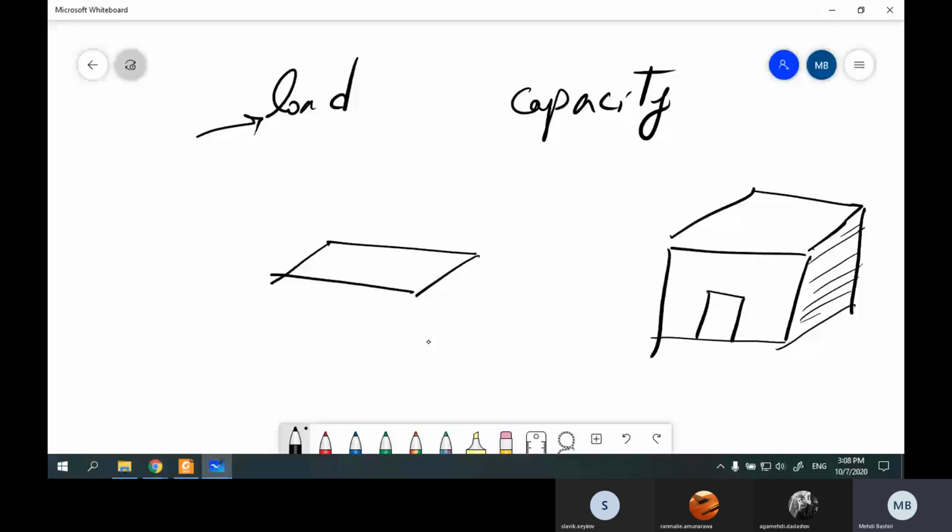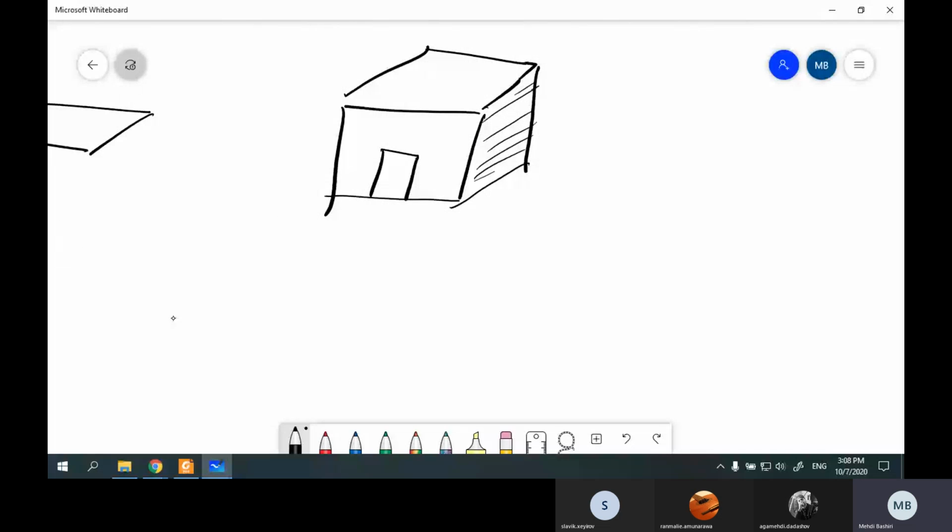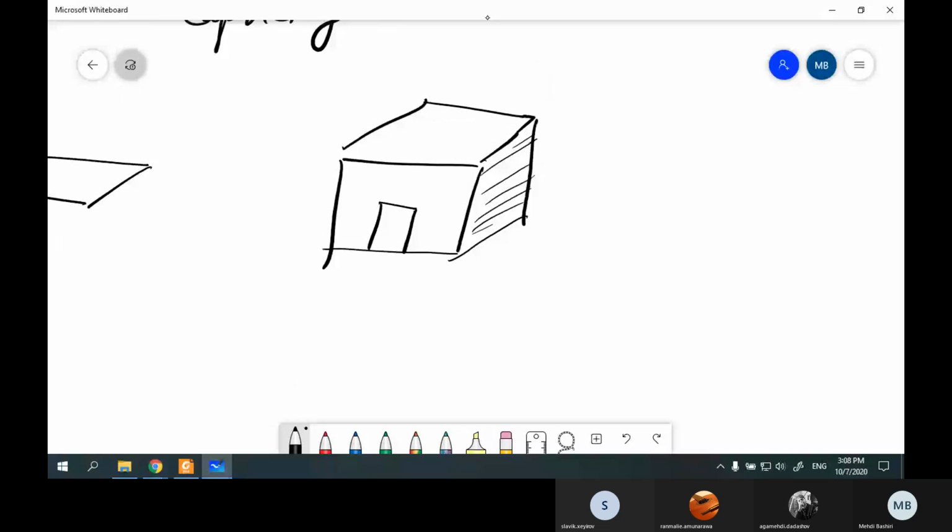Here on this roof, you assume, depending on your experience, that the weight of the roof itself is, for example, 500 kilogram, and sometimes some people might be on this roof.